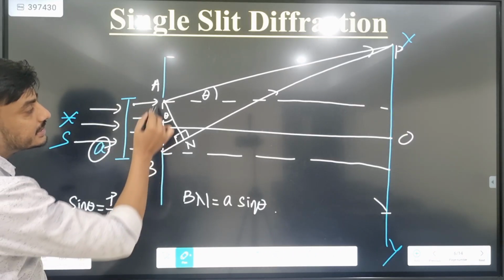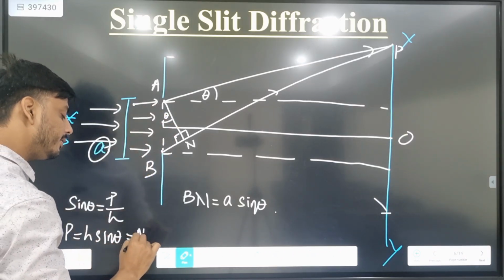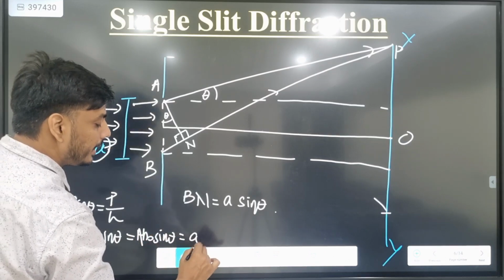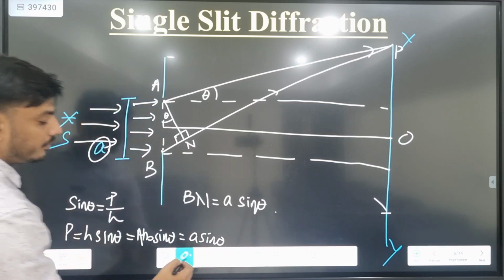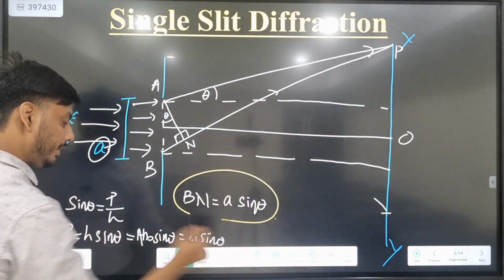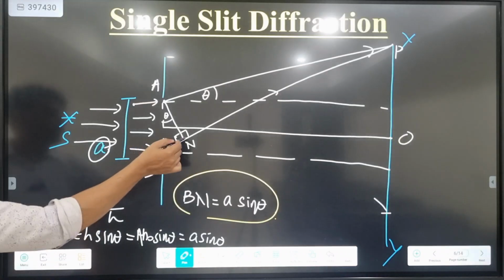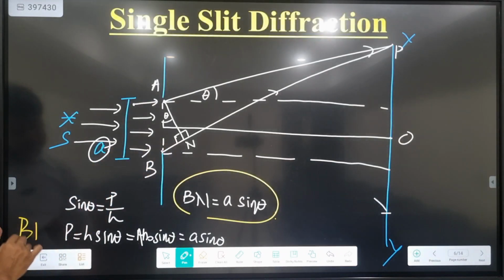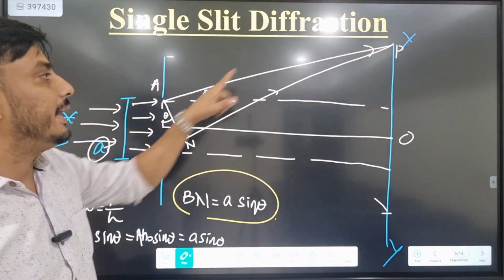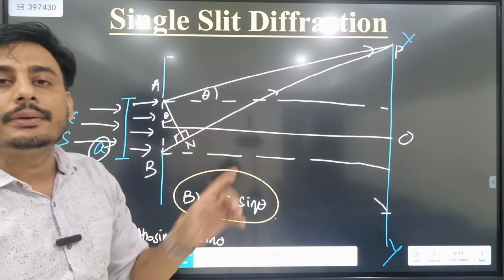In this triangle H is AB, which we have taken as a, so BN is a sin theta. So BN, the perpendicular, is the path difference between light traveling from A to P and B to P.